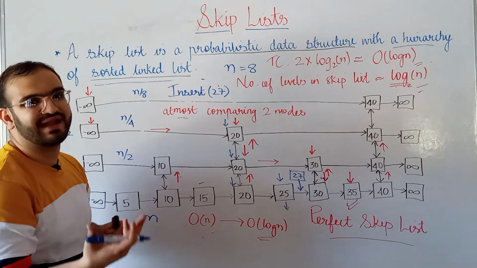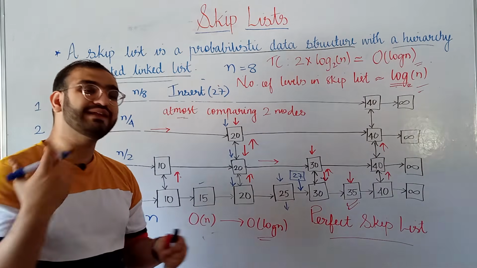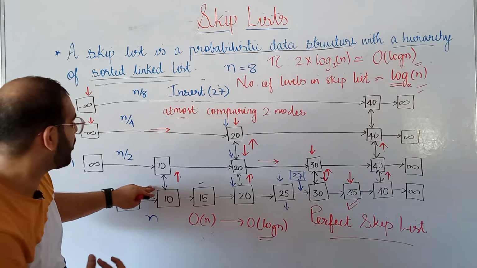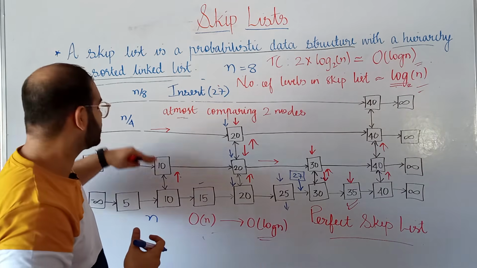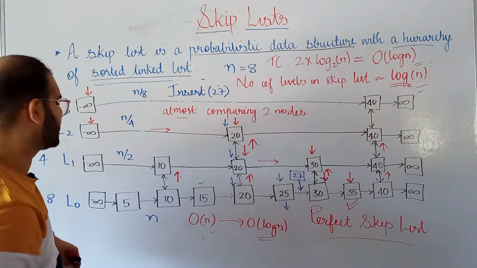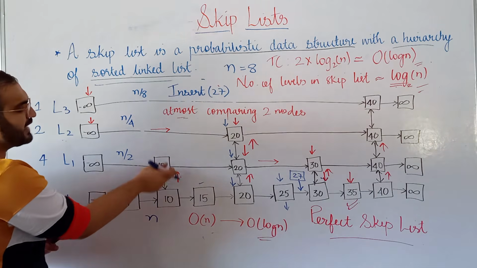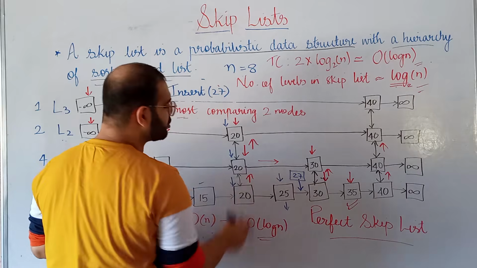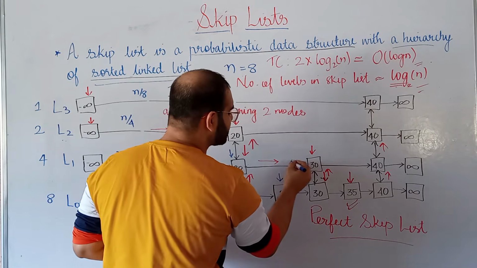But now just understand, if I insert 27 over here, how will I follow the alternating strategy that I followed, promoting only the alternate nodes to the top level? In order to follow that strategy, 10 will go at the top level, 20 will also go, but 25 will not go and 27 will go at this top level.